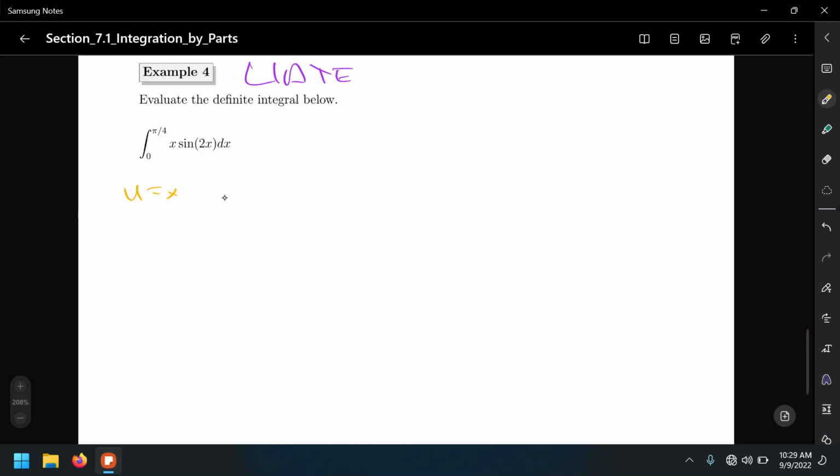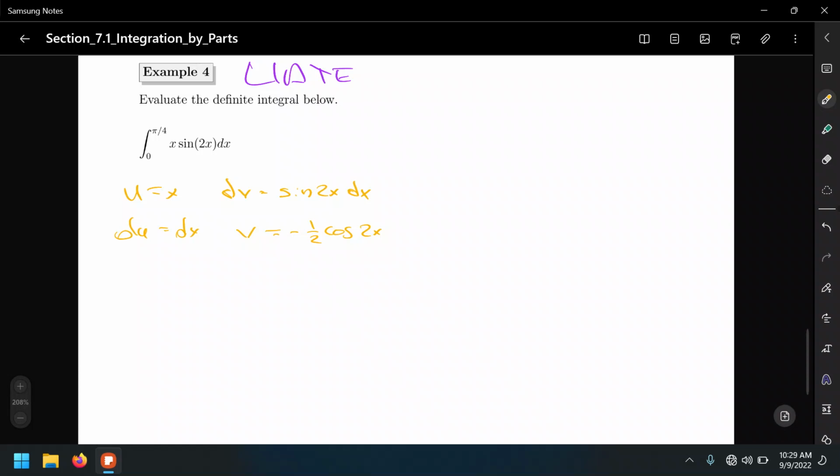x. So u equals x, dv then will be sin 2x dx. The derivative of u will be du equals dx, and the integral of dv, which is v, is the integral of sin 2x, which is negative 1/2 cos 2x. Okay?